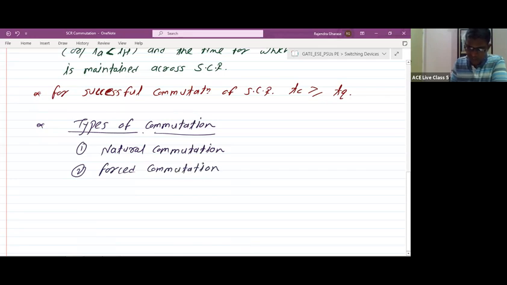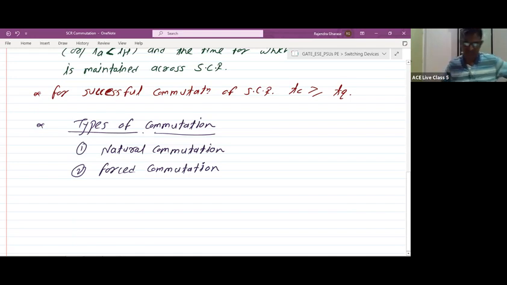Natural commutation means the SCR turns off due to the nature of the supply voltage. And forced commutation means that in order to turn off the SCR, we need to connect additional elements into the circuit, which we call the commutating circuits or commutating elements.